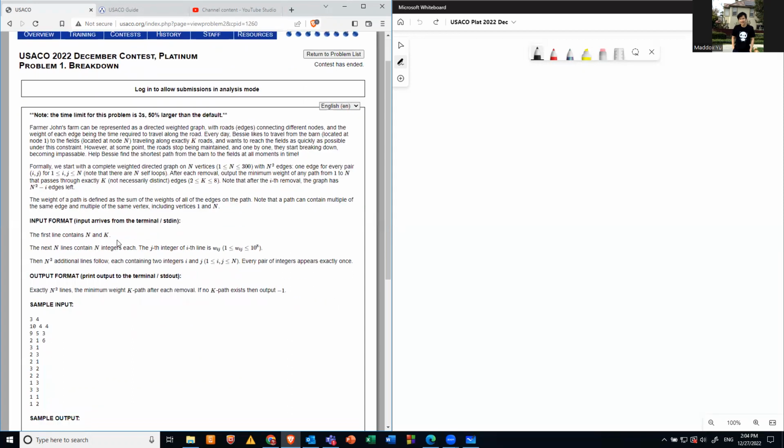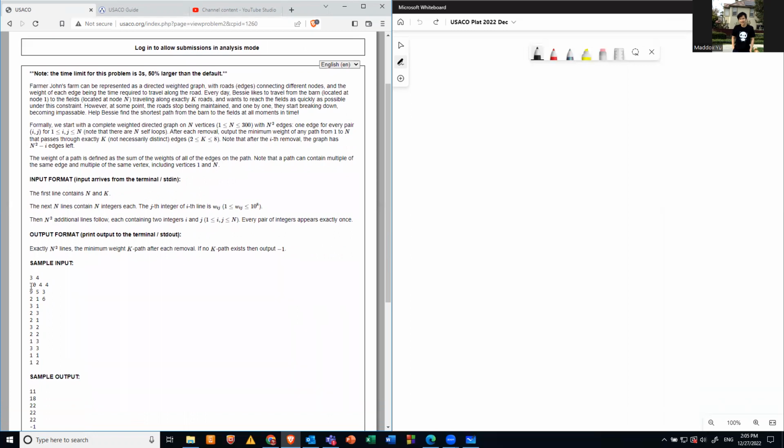Then that obviously we know how to do, right? It's a standard, slightly modified SSSP. The question we have here is, every time we're going to take away one edge. For example, in this case, we have 3 nodes, so this is the weight matrix.